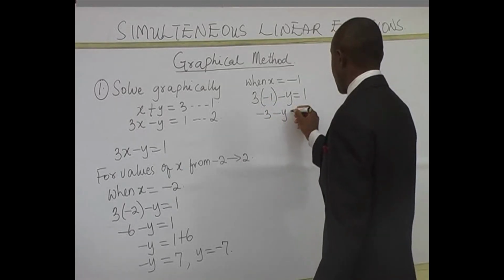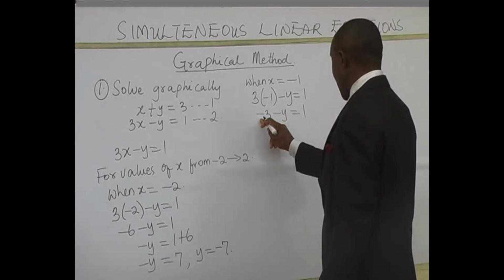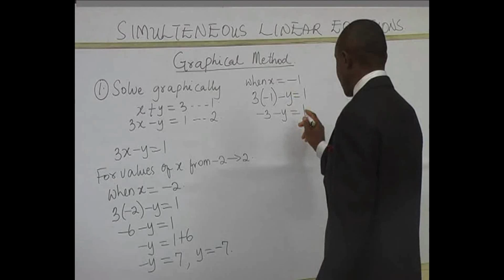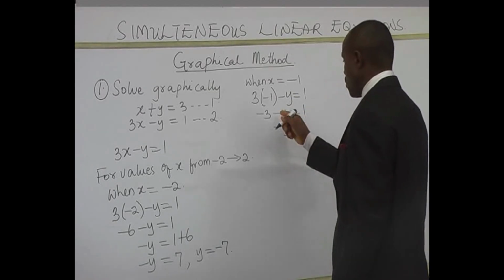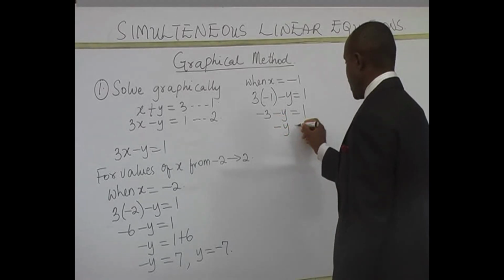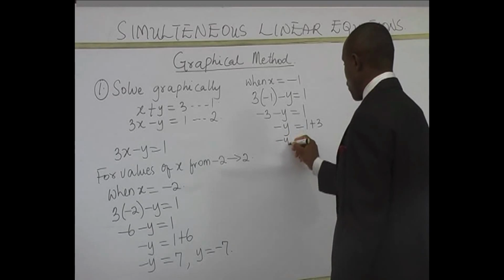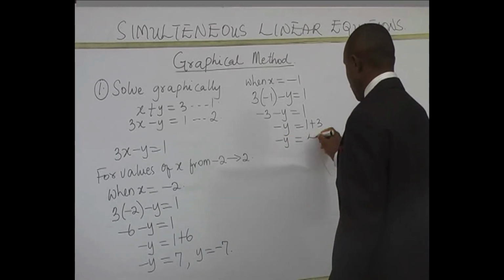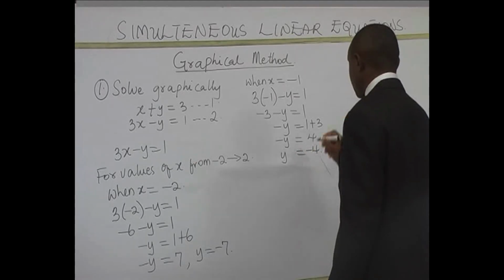Then minus y is equal to 1. Take minus 3 from the left hand side to the right hand side. Remember, if you change, minus becomes plus 3. So in the left hand side you have minus y is equal to 1 plus 3. Minus y is equal to 4. That means y is equal to minus 4.